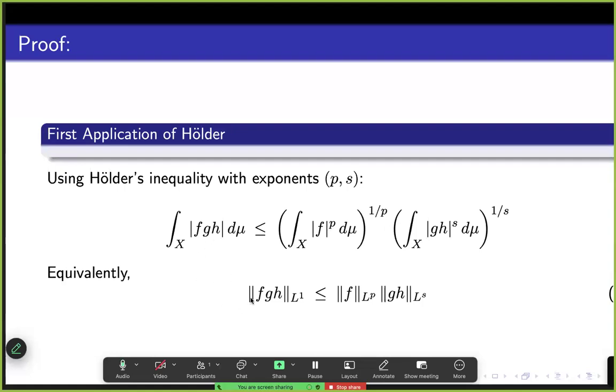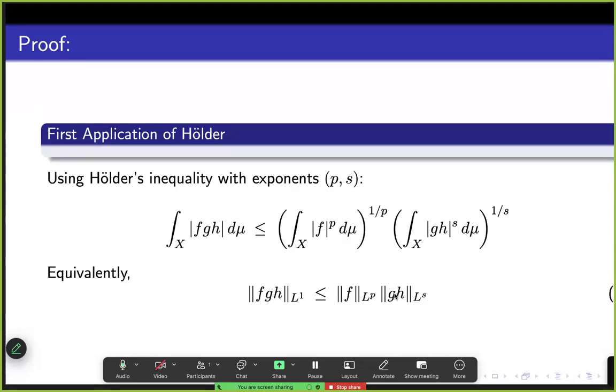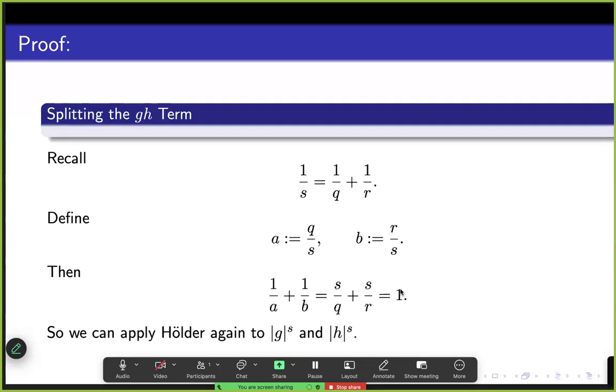Equivalently, the L^1 norm of fgh is less than or equal to the L^p norm of f times the L^s norm of gh. Now we need to split the gh term, while the f term remains the same.